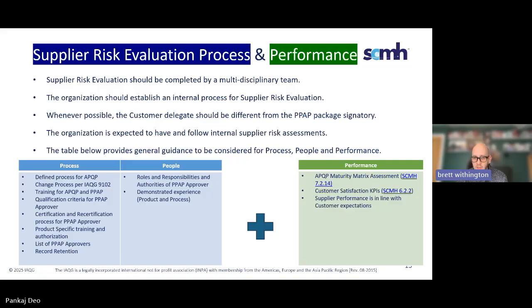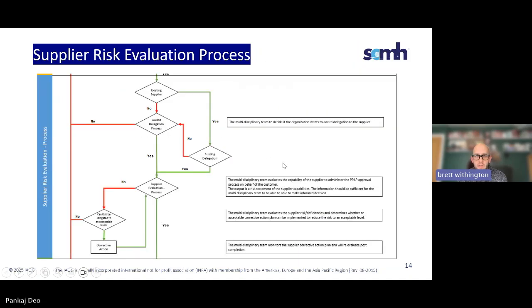We expect that as organisations looking at our suppliers, we understand the risk, and we understand the impact of their business to our businesses, to enable us then to make an informed decision whether we want to give a delegation or not as part of their process. Okay, next slide, please, Pankesh.